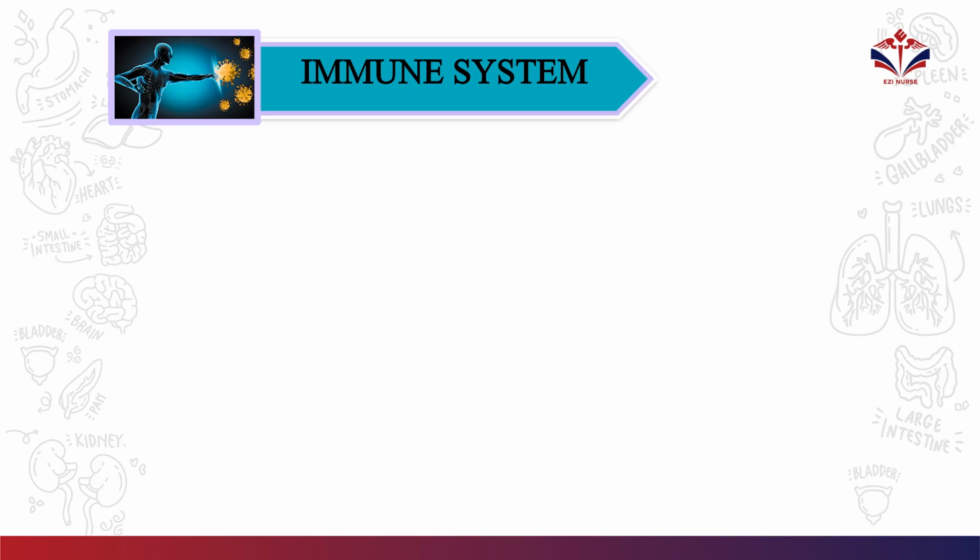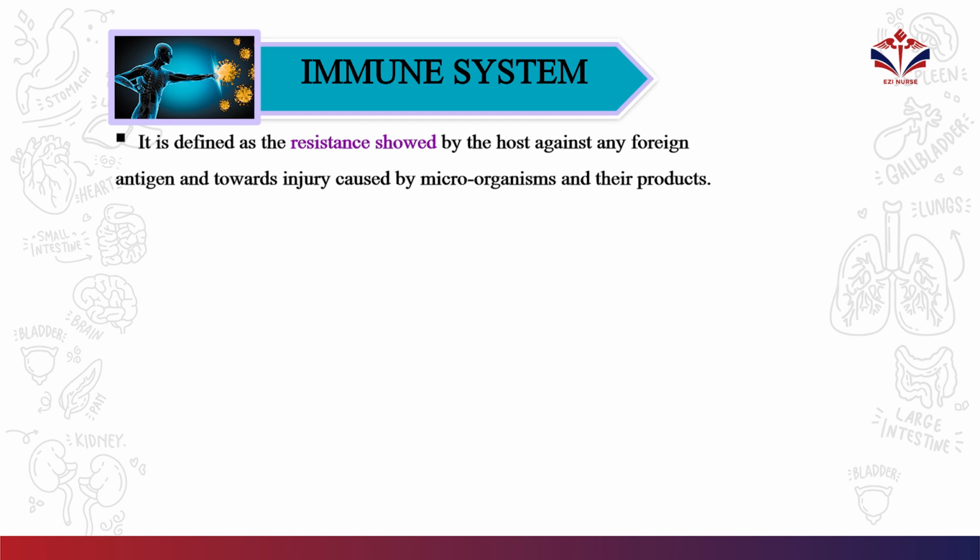So immunity is actually a major part of the immune system. The immunity is the body's ability to resist and to defend against the pathogens, the foreign bodies, and the microorganisms that can cause illness, disease and abnormality in our body.